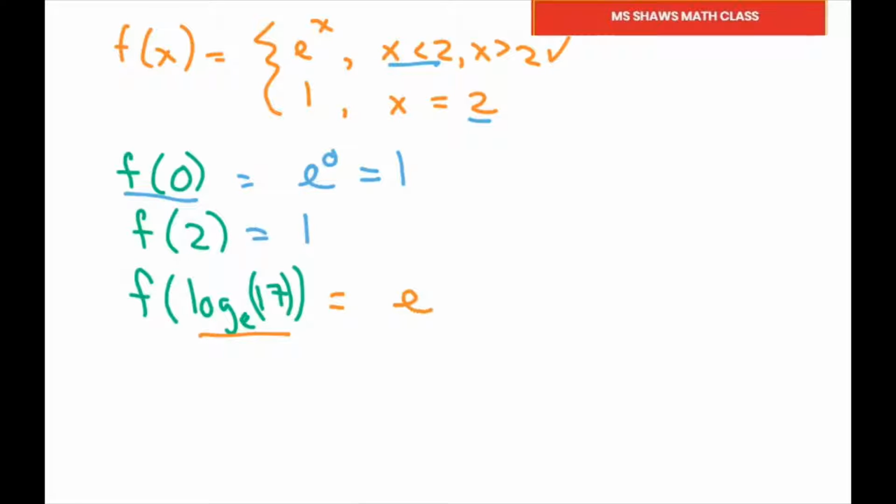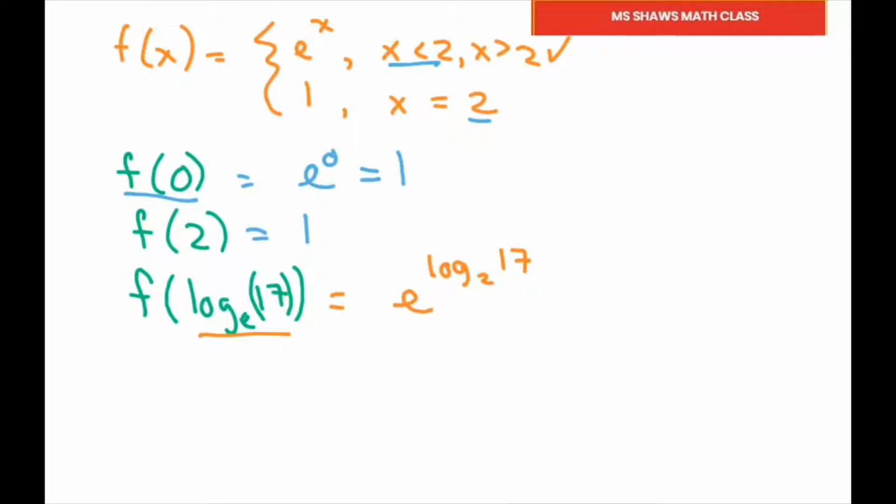So we have e to the log base e of 17. Now, some of you already know the answer is 17, but I just want to go over this quickly.